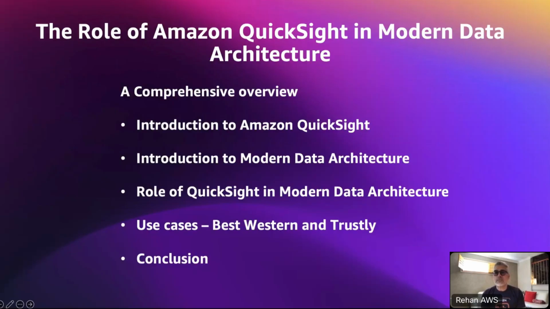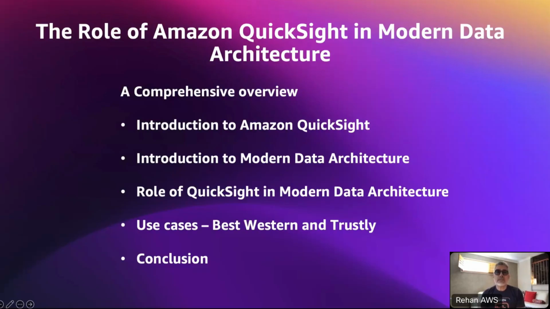I'm pretty sure that you guys are familiar with the modern data architecture, so we'll just briefly touch upon what it looks like and what services we provide to provide a holistic modern data architecture, as well as what role Amazon QuickSight plays in the modern data architecture. We also discuss the foundational principles of a modern data architecture on AWS.